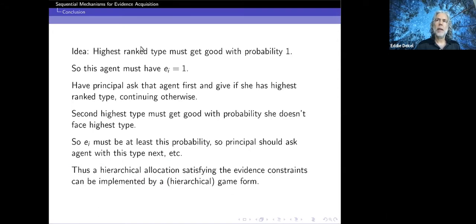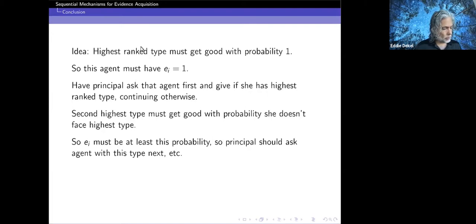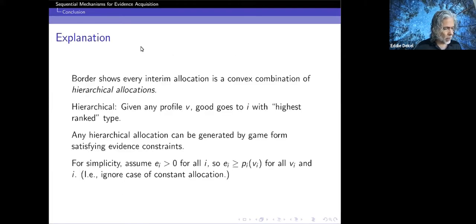Okay. And that seems like it gives us the answer, because Border showed that every feasible interim allocation is a convex combination of hierarchical allocations. Every hierarchical allocation that satisfies the evidence constraints can be gotten. So just take convex combinations and we're done. Okay, not quite.